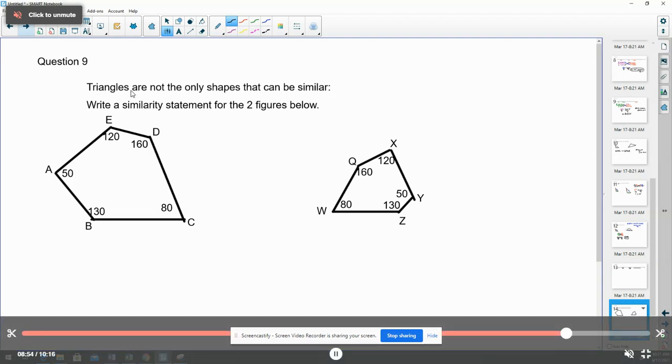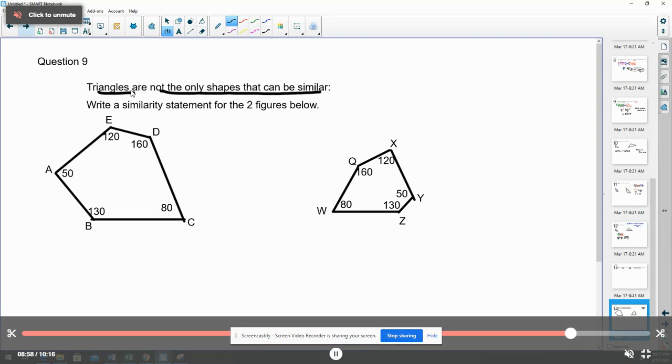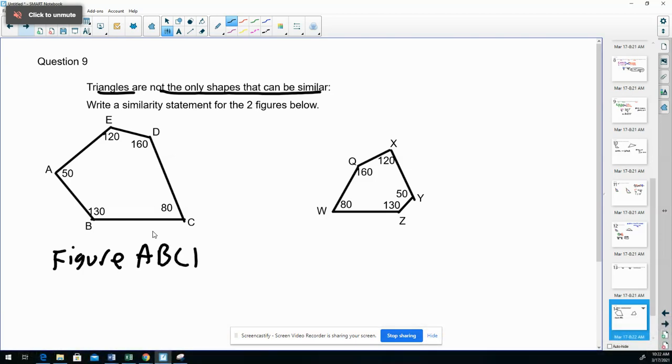Okay, triangles are not the only shapes that can be similar. Write a similarity statement for the 2 figures below. Again, this will also be multiple choice, but I just want you to see that figure. If we go A, B, C, D, E, okay, again, just starting in alphabetical order, doesn't matter which way you start.